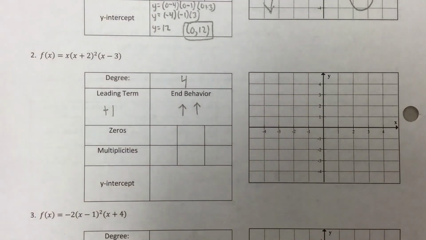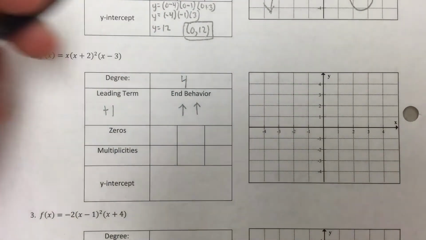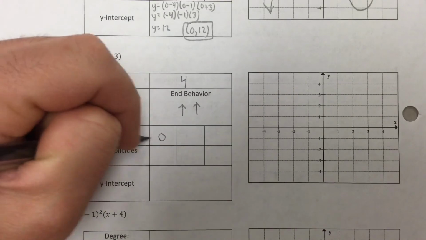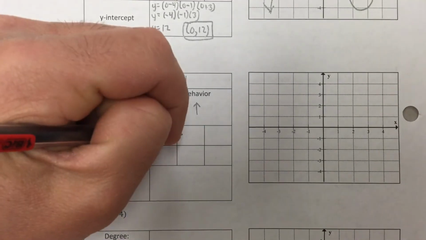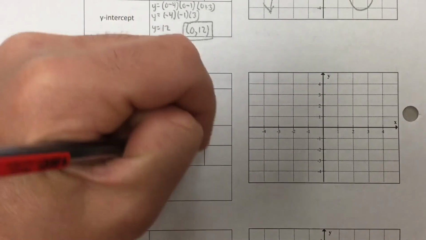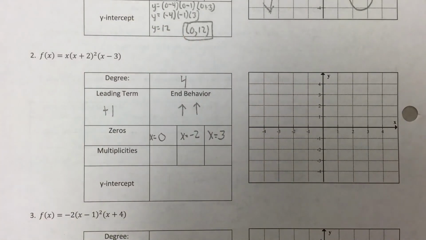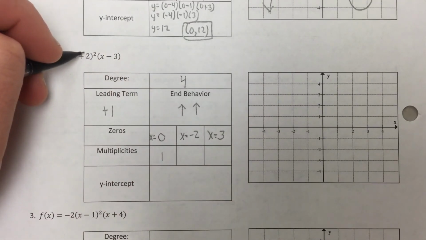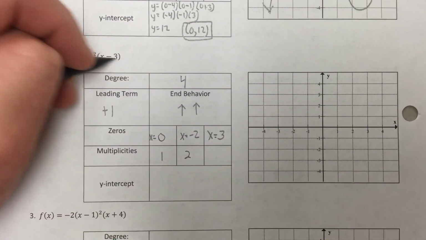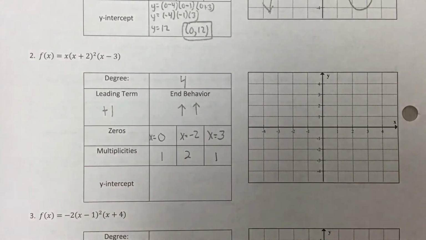So it's up, up. Our zeros would be x equals 0, x equals -2, and x equals 3. And our multiplicity for the 0 is 1, multiplicity for the -2 is 2, and the multiplicity for the 3 is 1.